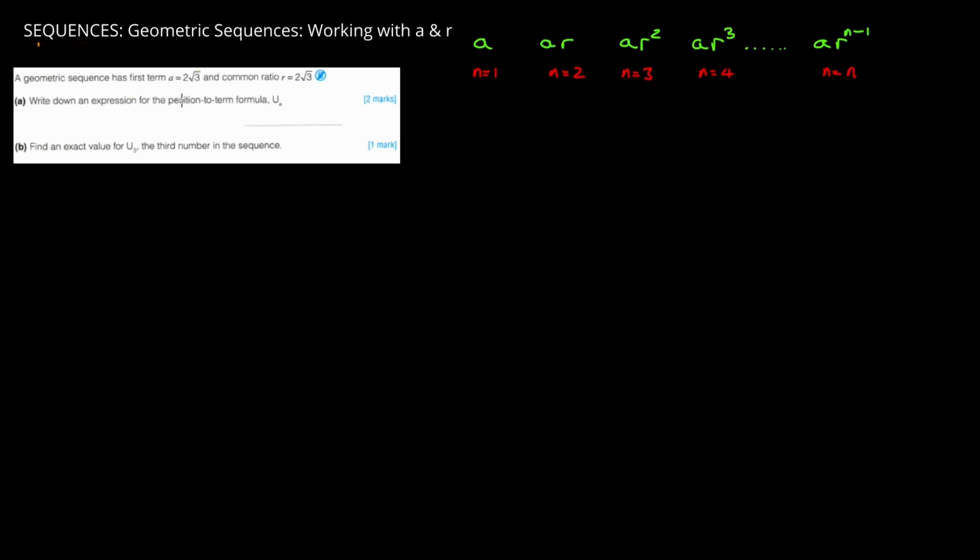Okay, now let's put in these numbers. The question is asking for u_n, which is basically a formula that will generate any of these numbers in terms of what we know about a and what we know about r. All that means is that we need to plug our values that we've just found for a and r into our general formula for the nth term.